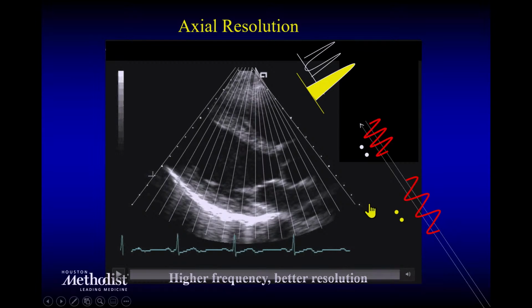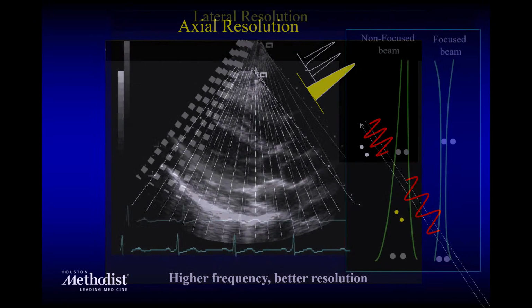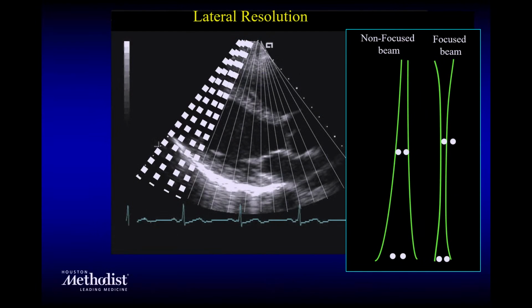And believe it or not, also it is the highest resolution that you can get with ultrasound. So axial resolution. If I want to take a look at the interatrial septum, the best resolution probably would be from the subcostal window, because I'm perpendicular to that structure. And the same thing for the septum, if you will, and the posterior wall.